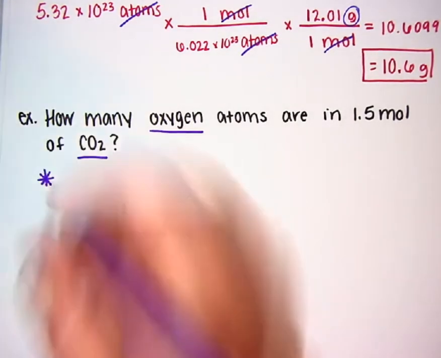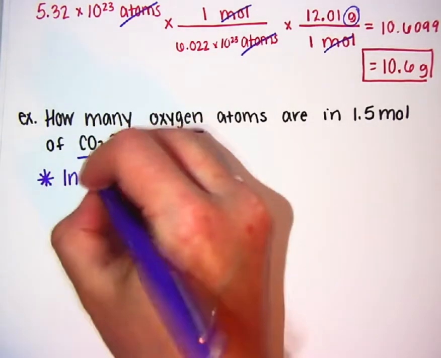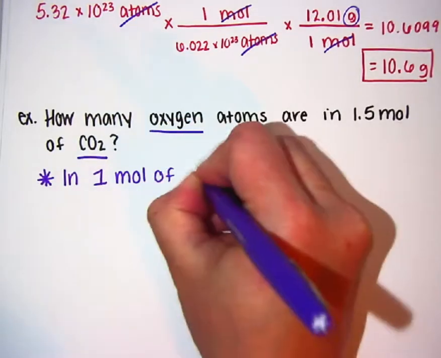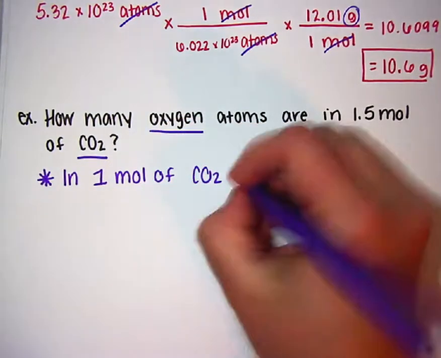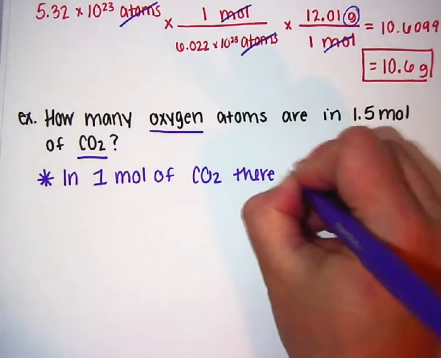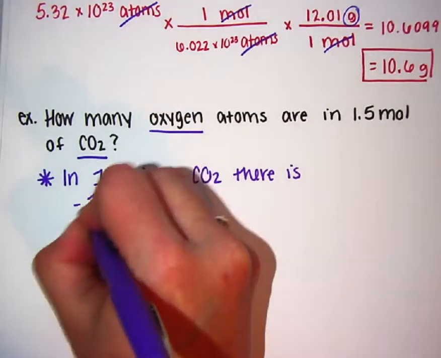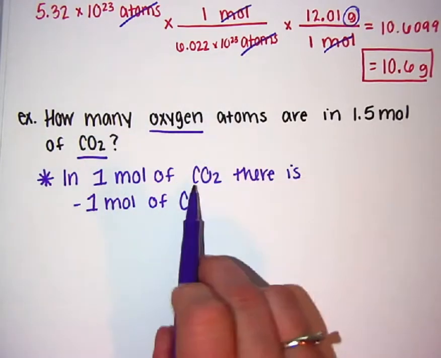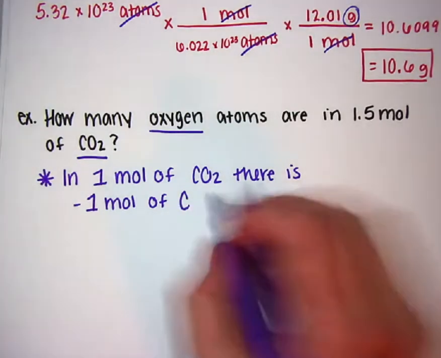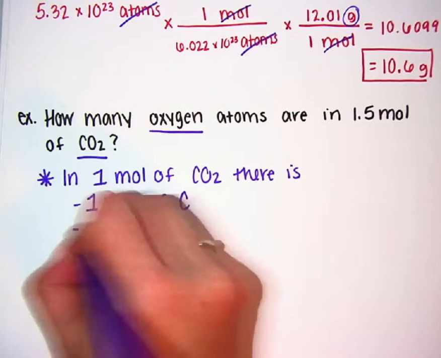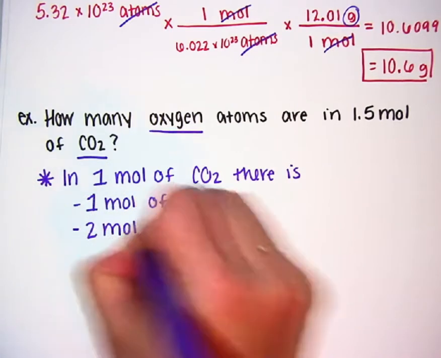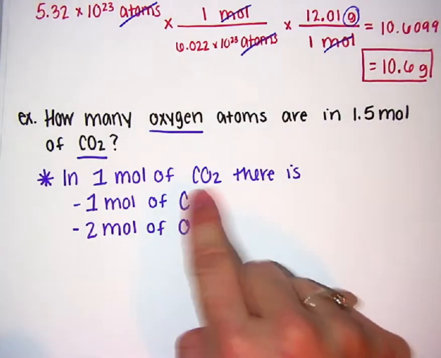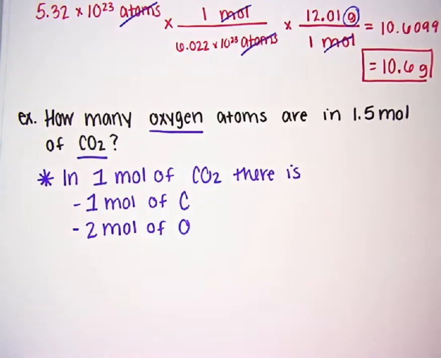So what you have to know is that in every 1 mole of CO2, there is 1 mole of carbon, because carbon has that imaginary subscript of 1, and there are 2 oxygens. So hopefully that makes sense. For every 1 carbon dioxide, we have twice as many oxygens.